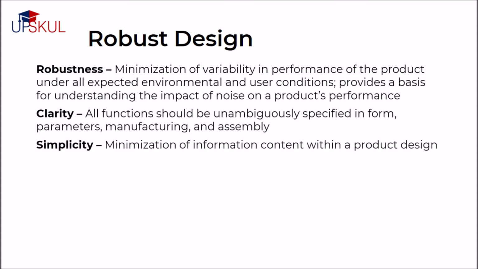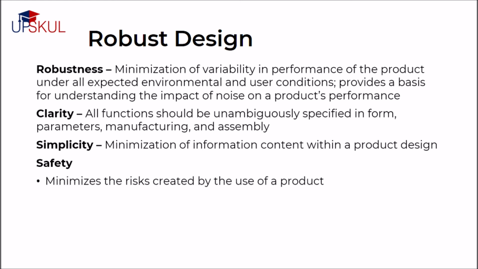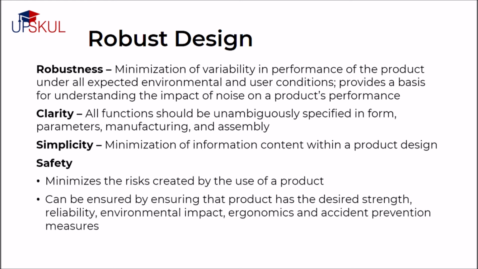Simplicity, that is, minimization of information content within the product design. And safety, that is, minimal risks are created by the use of a product and ensuring that product has the desired strength, reliability, environment impact, ergonomics, and accidental prevention measures.